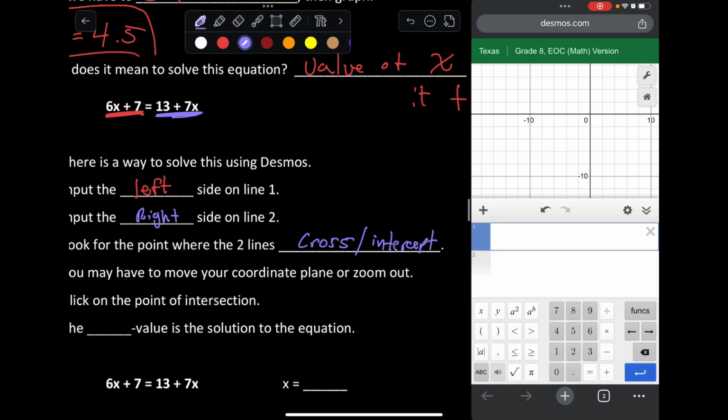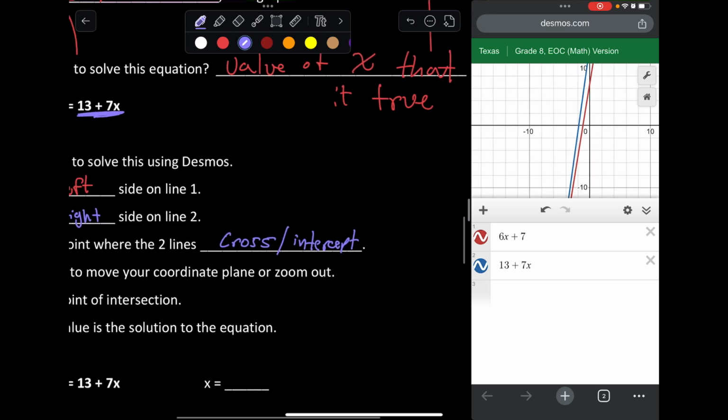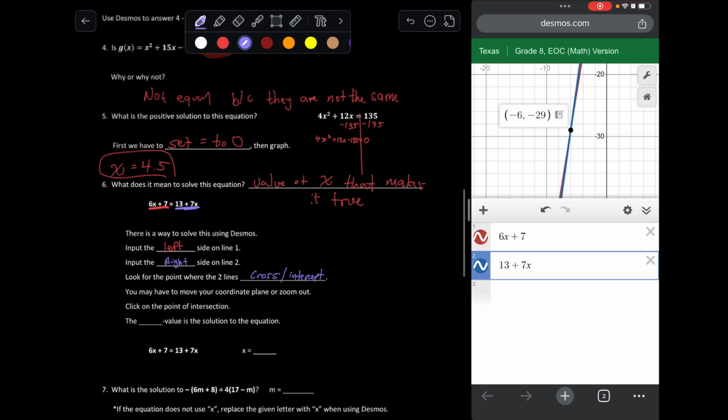So I'm going to go ahead and do what I told you how to do, which is plug in. So 6x plus 7. And then on the second line, I'm going to plug in 13 plus 7x. Now again, like this bottom line says, you're going to have to zoom and move. But as you can see, my equation crosses at -6 and -29.